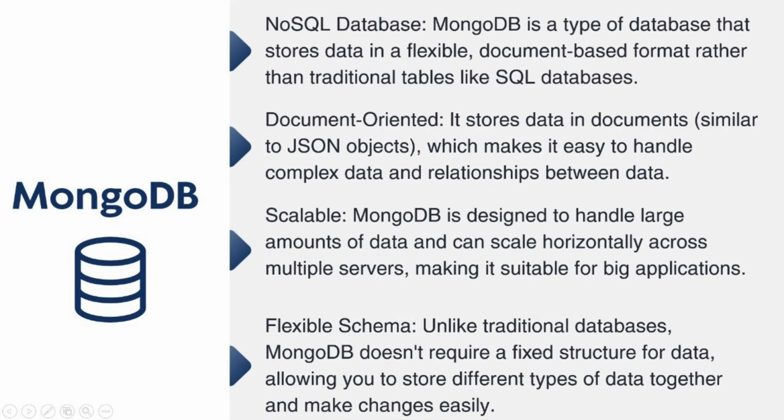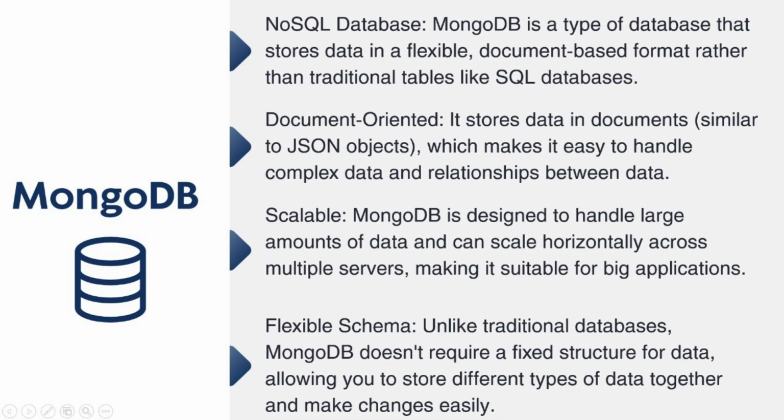MongoDB. So in MongoDB, there are multiple points. NoSQL database. MongoDB is a type of database that stores data in flexible document-based formats rather than traditional table-like SQL databases. Document-oriented. It stores data in documents, similar to JSON objects, which makes it easy to handle complex data and relationships between data.